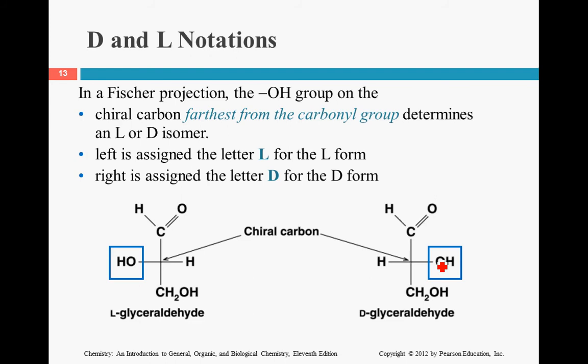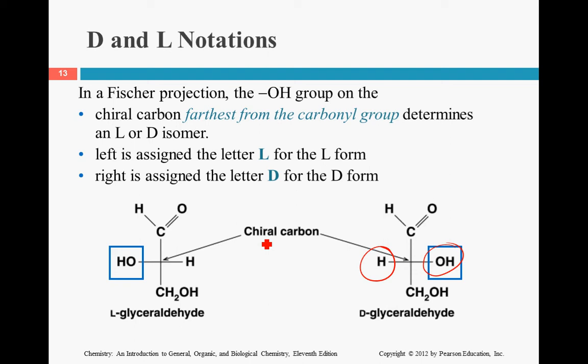Now with sugar specifically, there are a lot of H's and OH's in the compound. So it starts with an aldehyde or a ketone, and then it goes to H's and OH's after that.